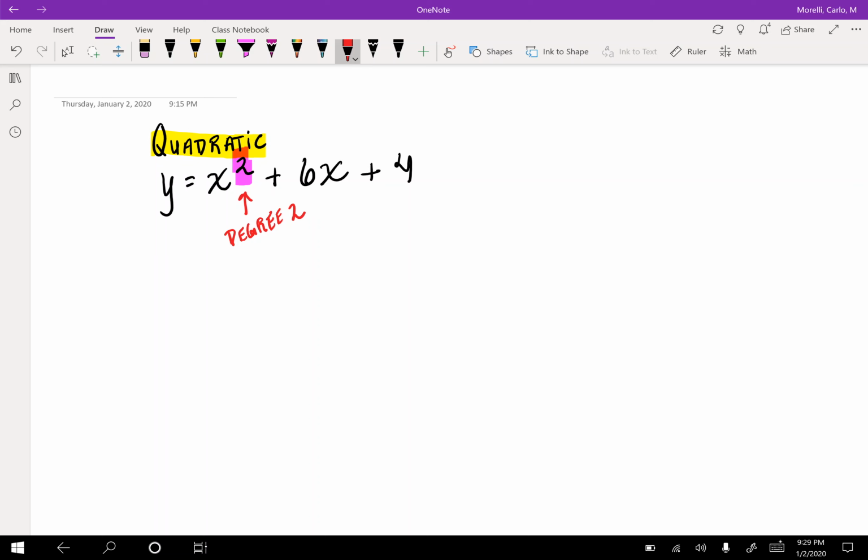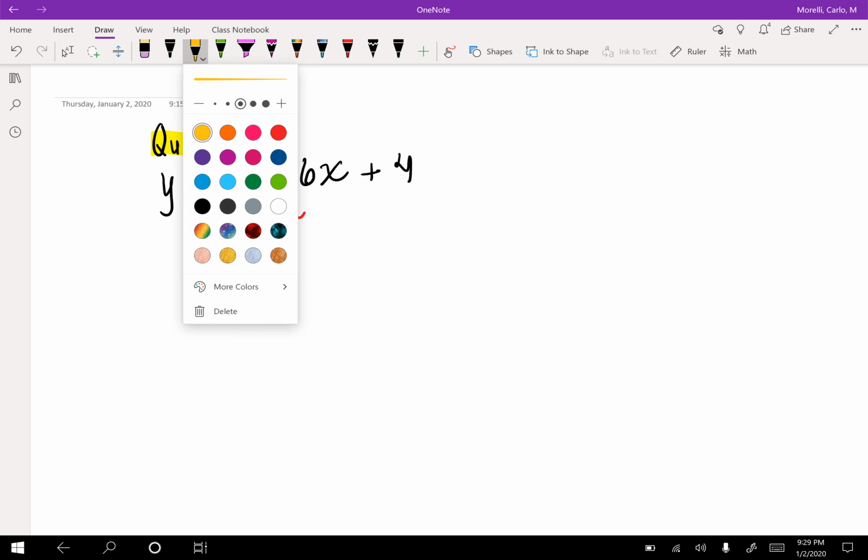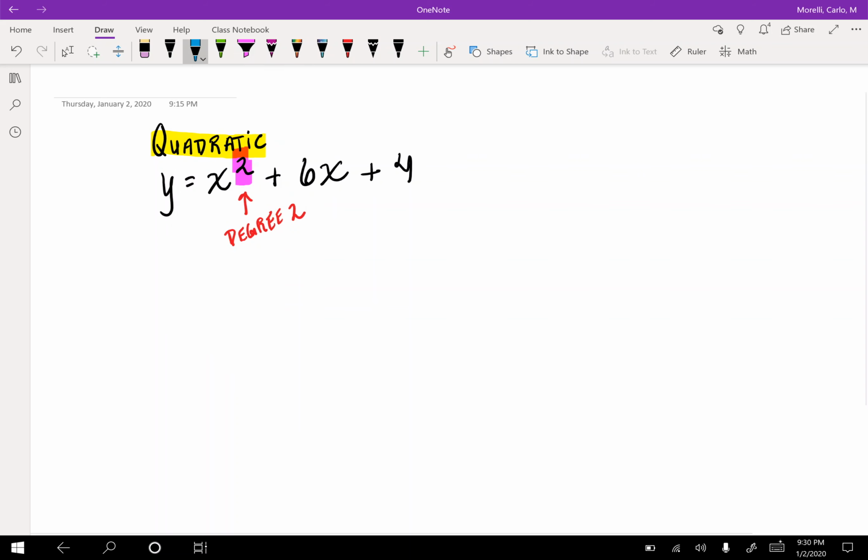Similarly, we don't ever write it, but kind of hiding over here, there is a 1, right? Again, we don't ever highlight that, but that right there can be called degree 1. So when you have a degree 2 equation, you're talking about a quadratic.